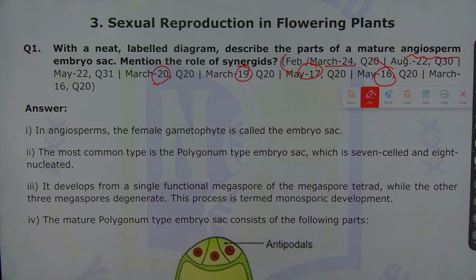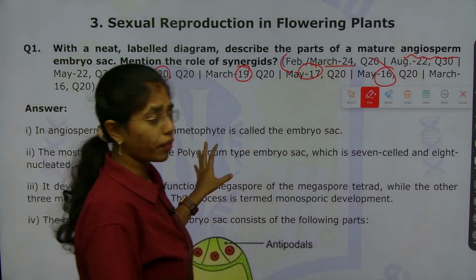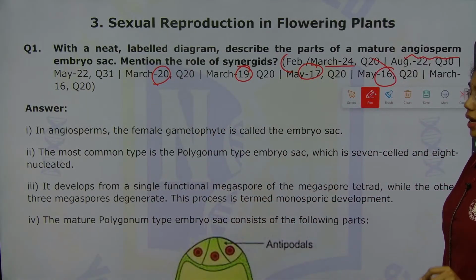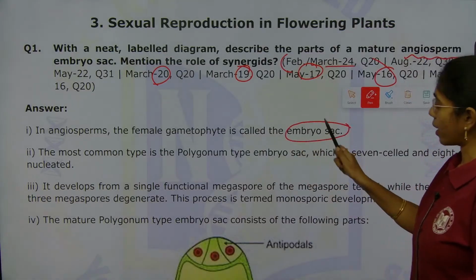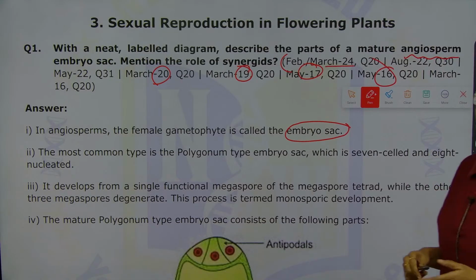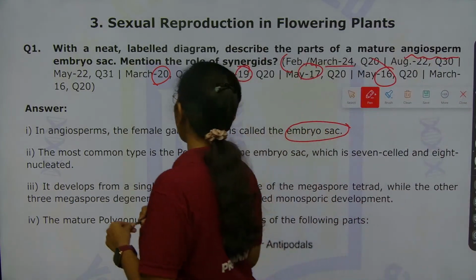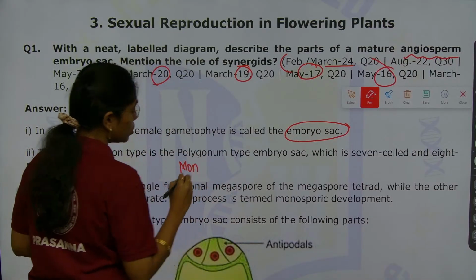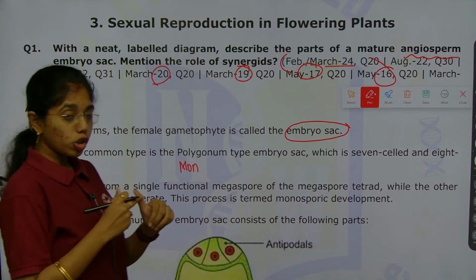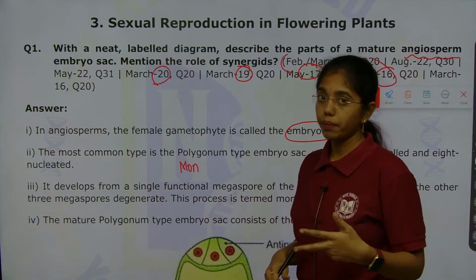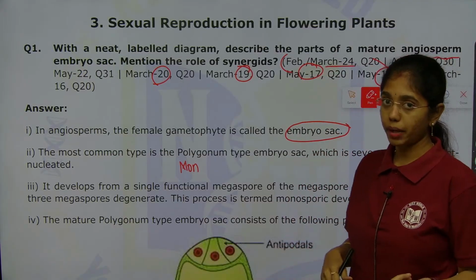So here the description of the answer goes like this: in angiosperms, the female gametophyte is called what? Embryo sac. The most common type is polygonum type of embryo sac, which is also known as monosporic type of embryo sac development. You can also use this term, beta. We have monosporic, bisporic and tetrasporic types of embryo sac development.